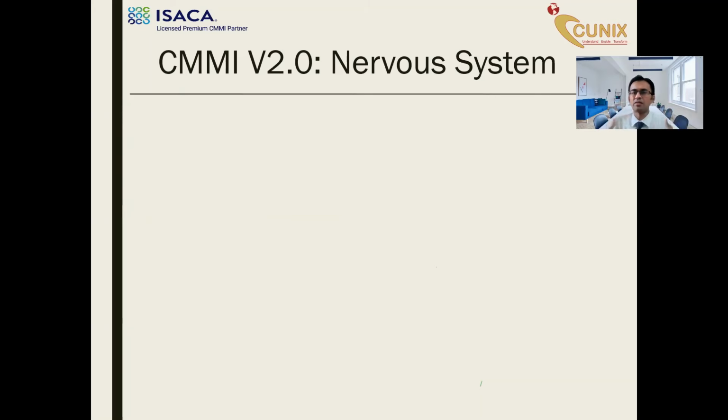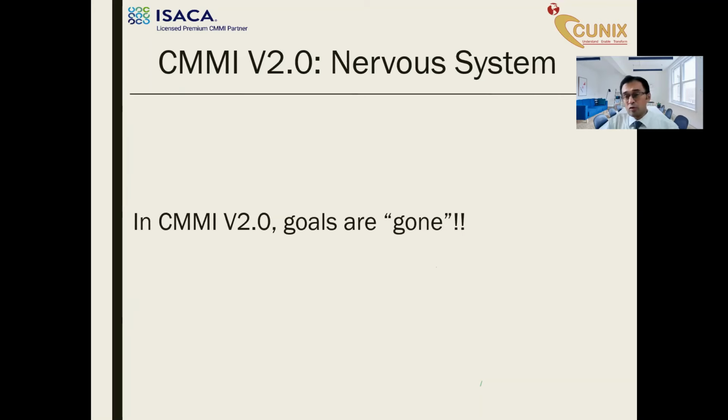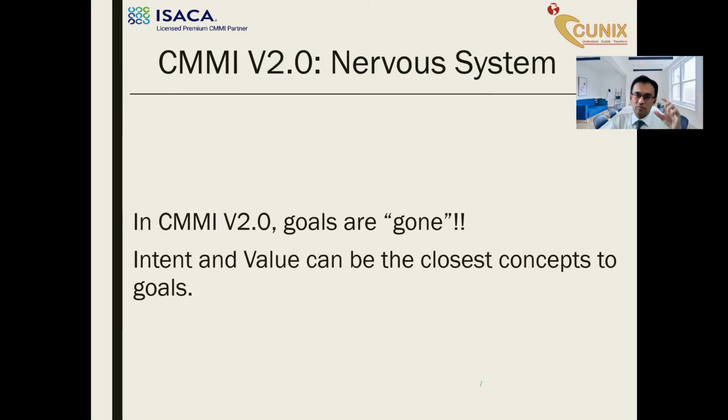What really runs behind this new model? Because a lot of research has gone into 1.3, as you all know. So in 2.0 goals are gone. You don't have the specific or generic goals, but we can say that the new concepts of intent and value can be the closest to these goals.